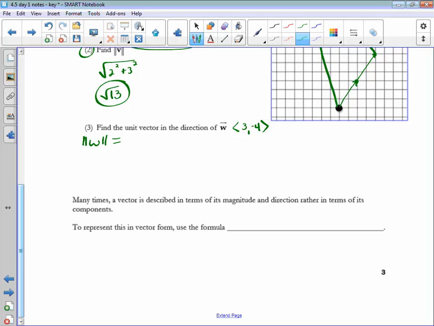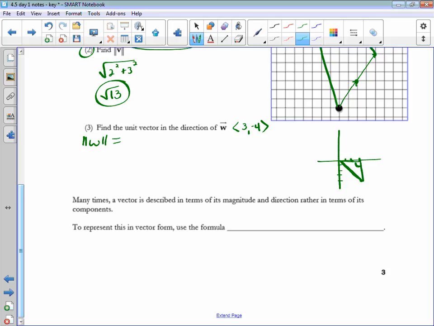It's on the previous page. It's coming from the Pythagorean theorem. Let me just show you why. So this vector 3, -4. So 1, 2, 3, 1, 2, 3, 4. If I want to find that length, do you guys see the little right triangle that's there?